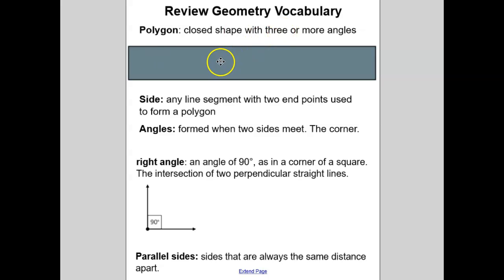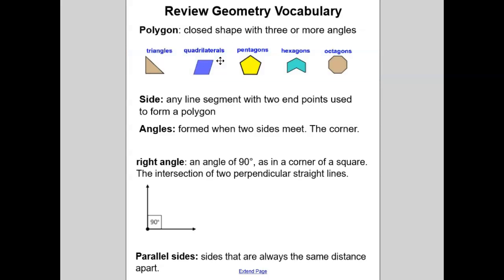Third graders, which of you were able to remember the names of all of the polygons we learned about? Yes, triangles have 3 sides, quadrilaterals have 4, pentagons have 5 sides, hexagons have 6 sides, and octagons have how many? 8.